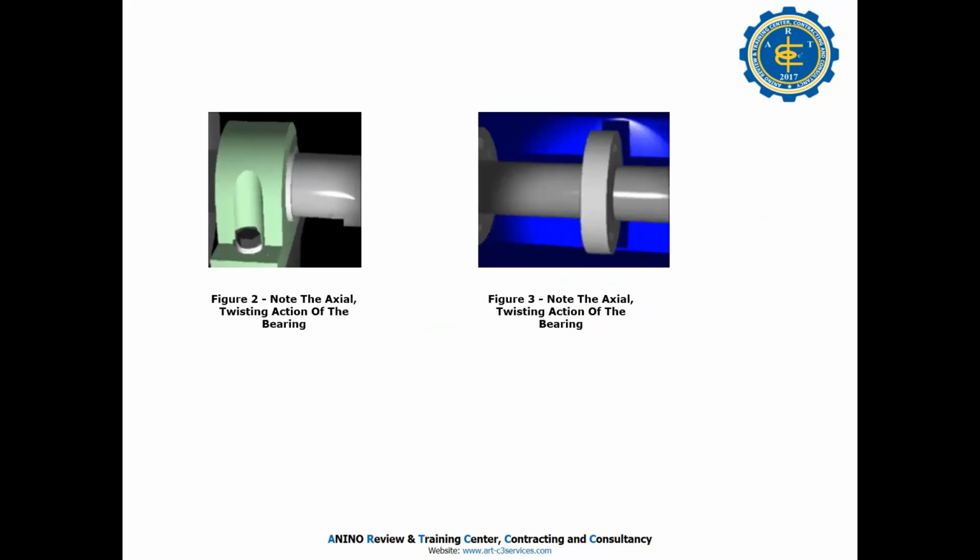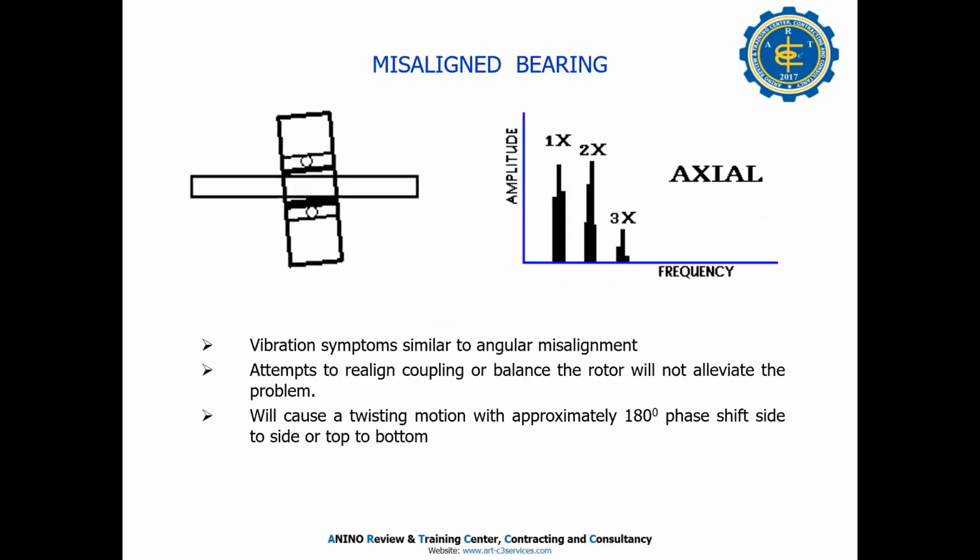So this is the one: not axial twisting action of the bearing, but misalignment in the bearings. We go now to misalignment in the bearing. The high vibration symptoms are similar to angular misalignment, with high axial.